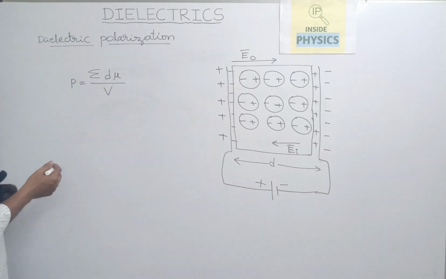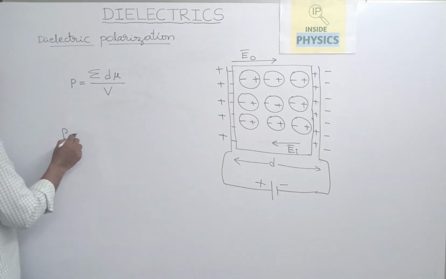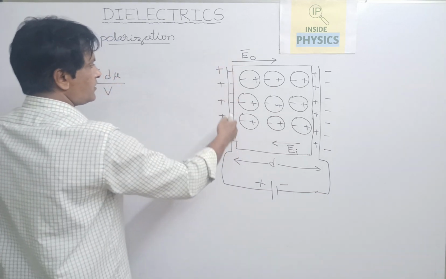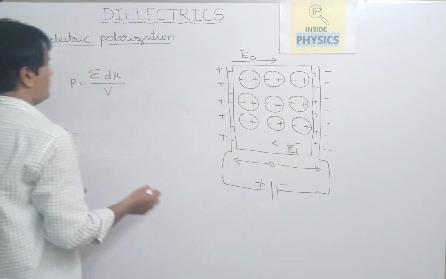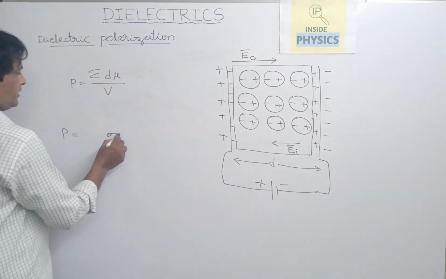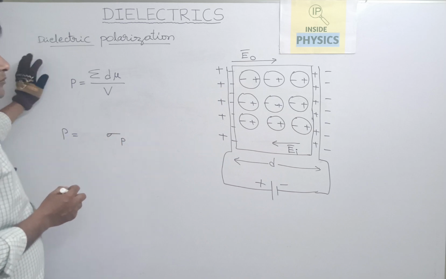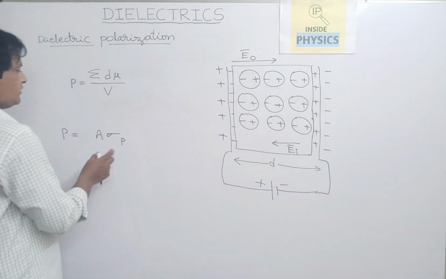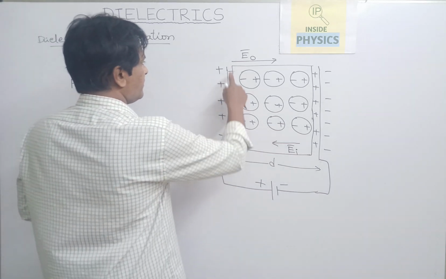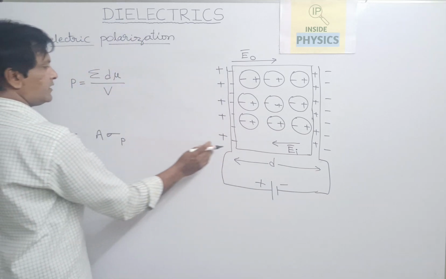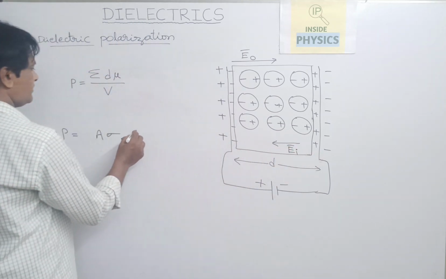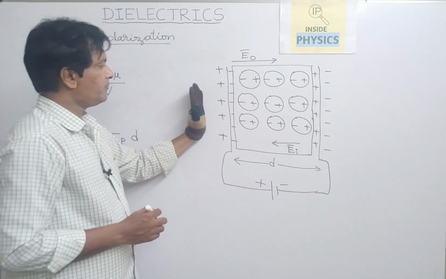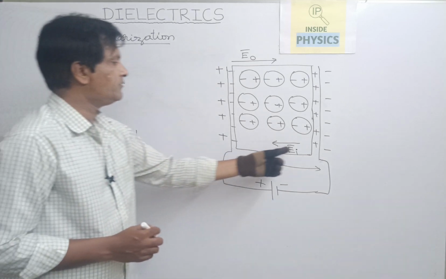This can also be expressed with another relation. Here the surface charge density induced on these two sides of the dielectric slab may be considered as sigma p, the surface charge density due to polarization. Here A is the area of the plate of the parallel plate capacitor, and d is the distance between the two plates.